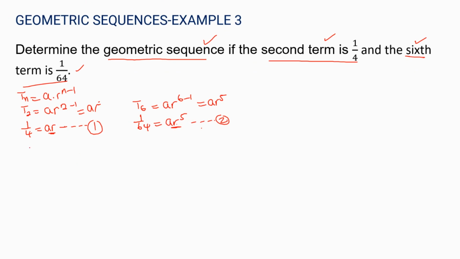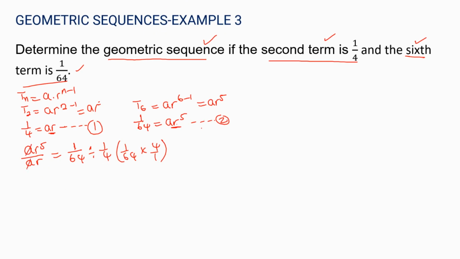So we'll say AR to the power 5 divided by AR is equal to what? 1 over 64 divided by 1 over 4, which is just the same as 1 over 64 times 4 over 1. When dividing fractions, we flip and multiply.